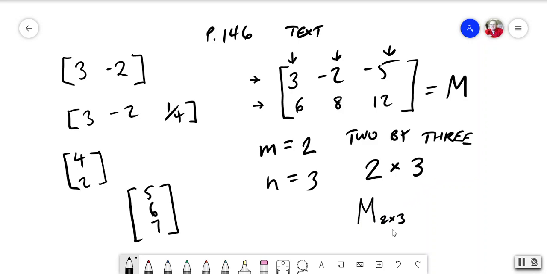And that tells me that matrix M has 2 rows and 3 columns. As simple as that. And these are called the dimensions of that matrix. Okay.